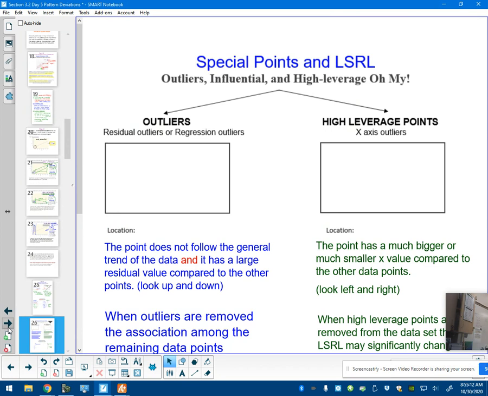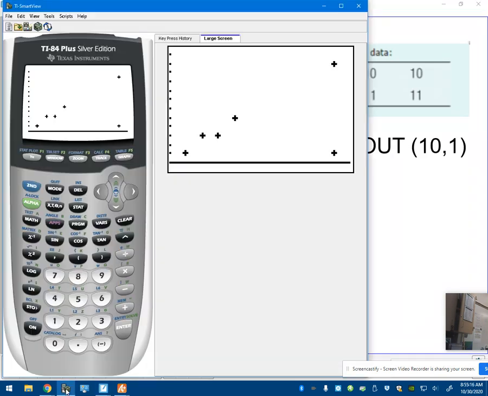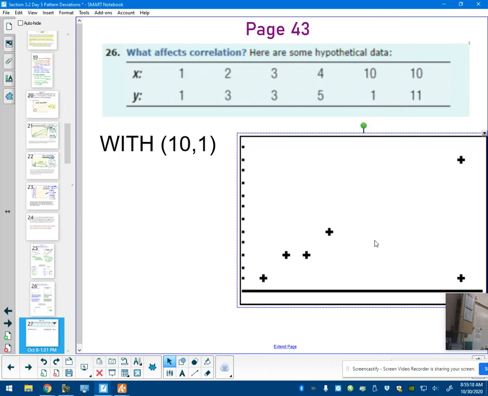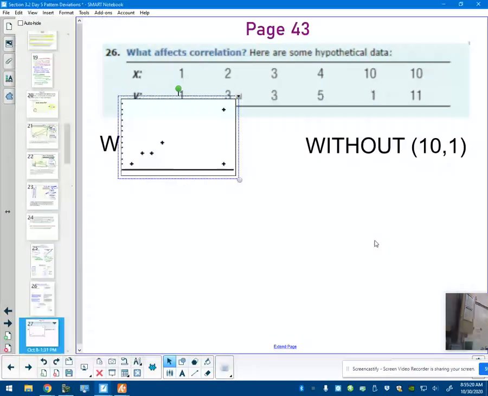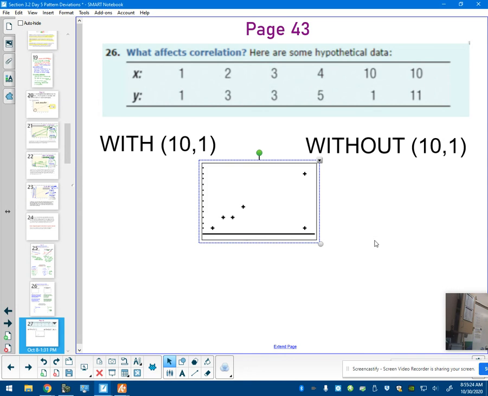I want you to very quickly sketch that on your paper. Make it kind of tiny. And then I'm going to put A, B, R, R squared, and S next.